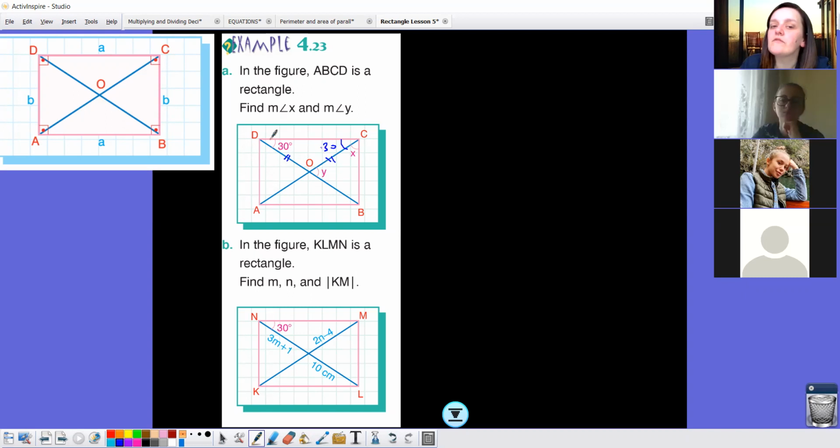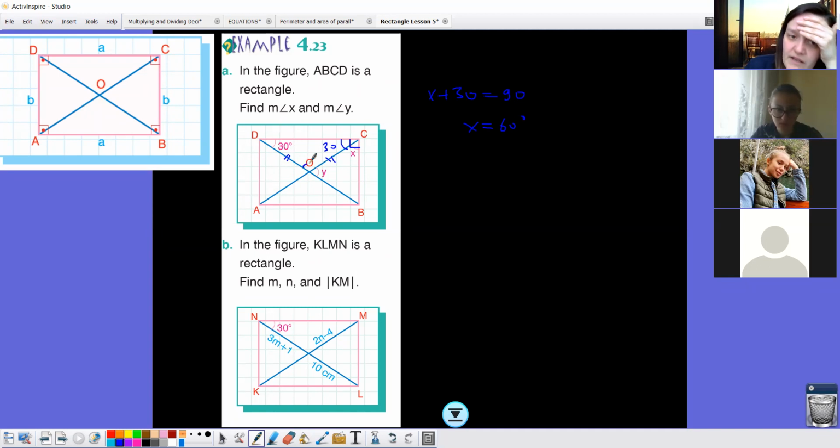This is properties from triangles. So we know that this is a rectangle, so it means that this angle is a 90 degrees angle. So 30 plus x will be 90. So x will be 60 degrees. We found the x. Now, here we have 30, 30, and this is a triangle.